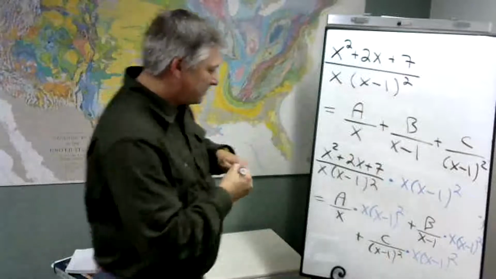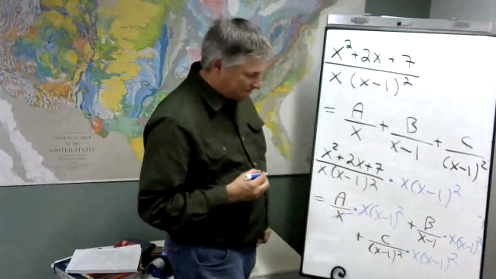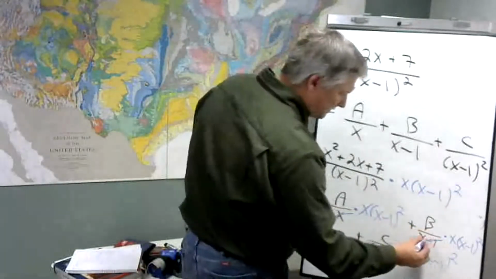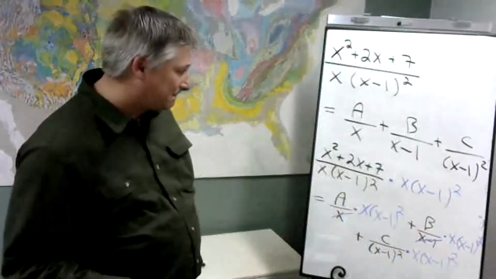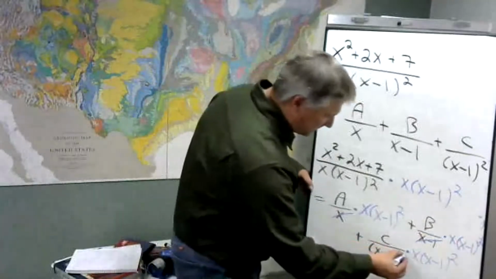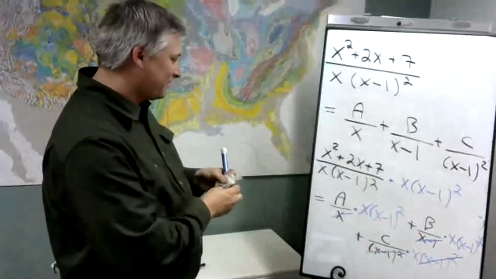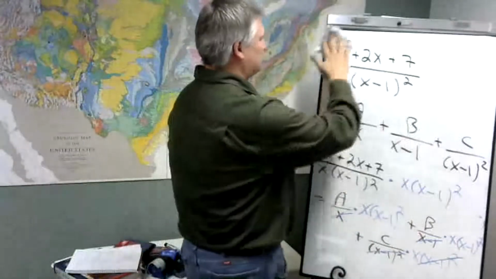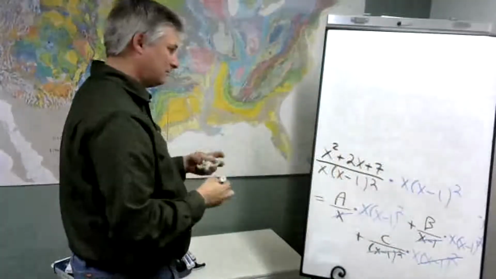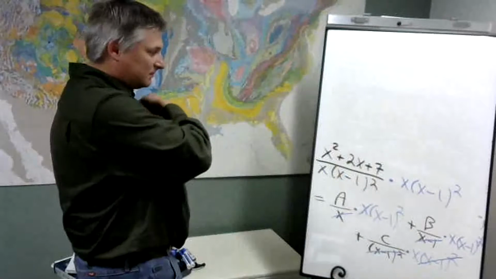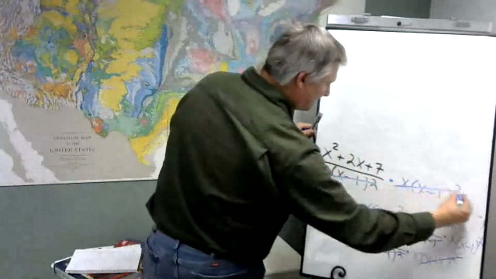So for the A term, we lose the x. For the B term, we keep the x, but we lose one of the x minus 1s. The square goes away. And then for the C term, we lose the x minus 1 squared. And of course, for the left side, we're going to lose the entire denominator.